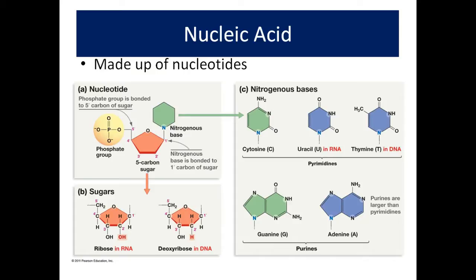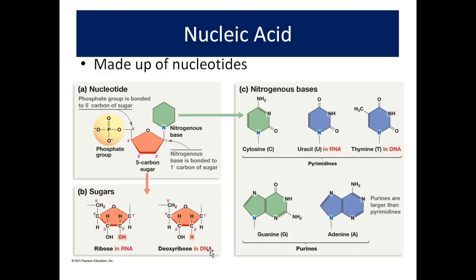Nucleic acids are made up of nucleotides, and each nucleotide is made up of a phosphate group, which really doesn't change in structure, and a 5-carbon sugar that differs depending upon whether you're talking about RNA or DNA. That sugar differs in the presence of a hydroxyl group at the 2nd carbon of the sugar in RNA, and the presence of just a hydrogen at that 2nd carbon in DNA.